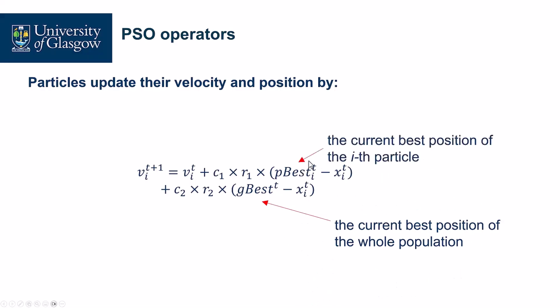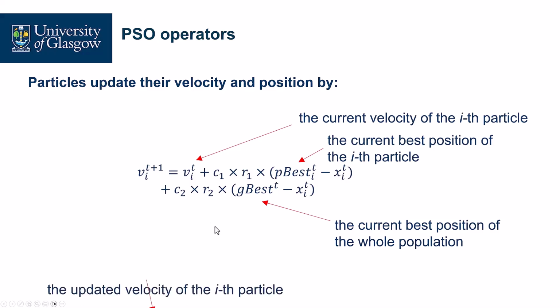Now we can see the p-best. This is the current best position of the ith particle, still in the tth iteration. Then we can find here this V_i^t, which is the current velocity of the ith particle.